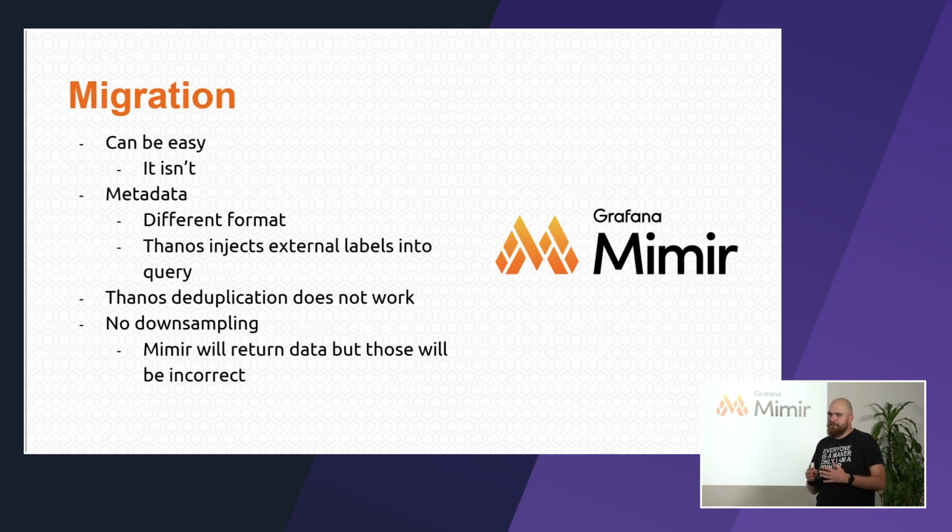Thanos deduplication doesn't work, because Thanos deduplicates data from both if you are running more than one Prometheus instance, and deduplicates data on the fly. And no downsampling. Mimir can technically return the data if it is downsampled, but no, it's not the recommended way.